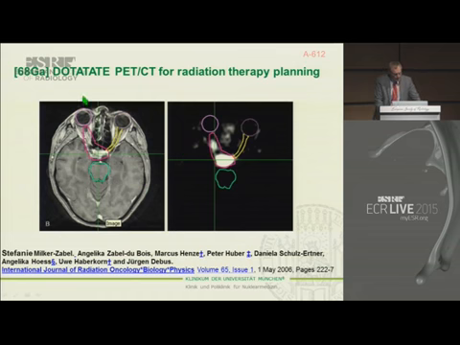Here, one example from the Heidelberg group, which used it routinely for the radiation therapy planning and for a higher accuracy to assess a field, which is here especially important since this goes into the optic tract.